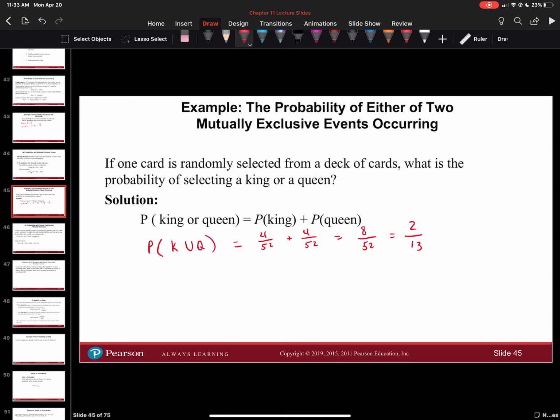Remember, we just figured out the probability of getting a queen in our last problem. It's 4 out of 52 because there are 4 kings in the deck, since there are 4 suits, and 4 queens in the deck. So you add the two probabilities together, then you simplify. You should have gotten 2 over 13.